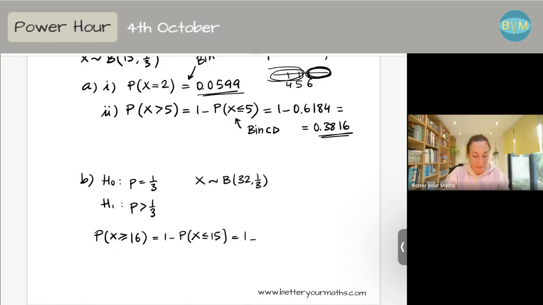So again, binomial CD, X is 15 and 32, and the probability is 1/3. This value is 0.9623. That means this value is 0.0377, and we are going to compare this with the significance level.